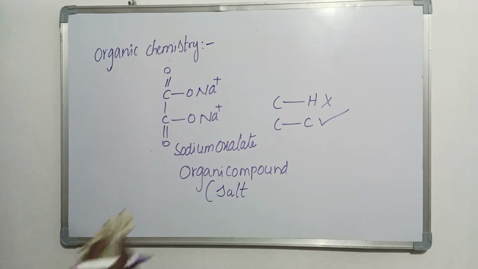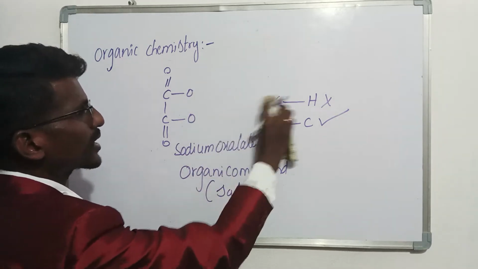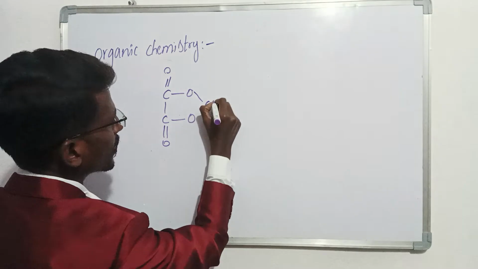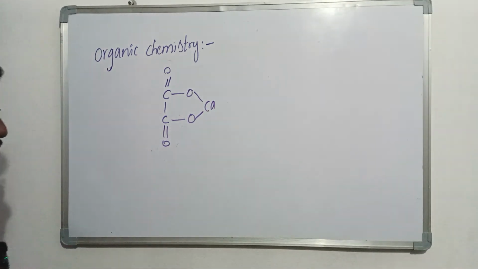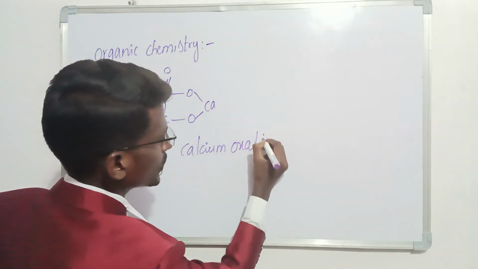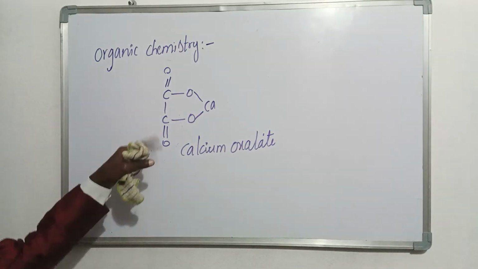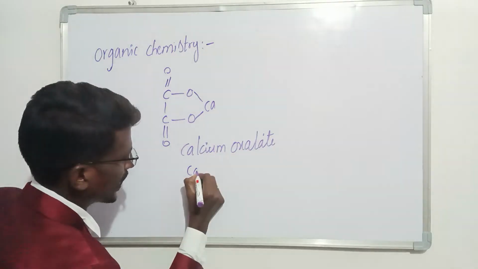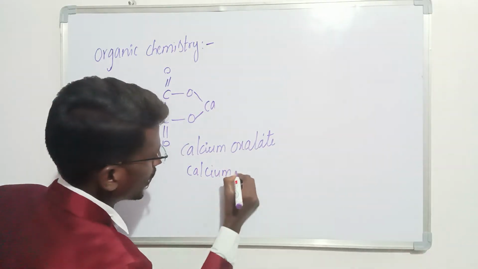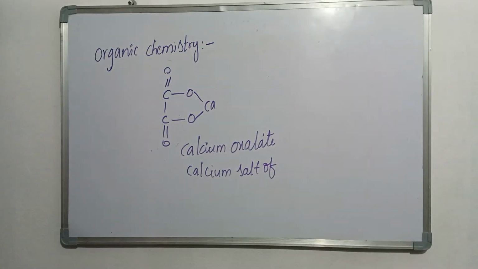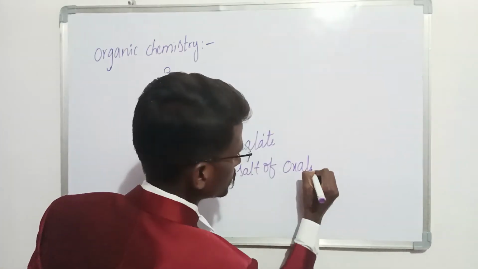For example, one more is calcium oxalate, well known. So this is calcium oxalate. It is also an organic compound, the calcium salt of oxalic acid.